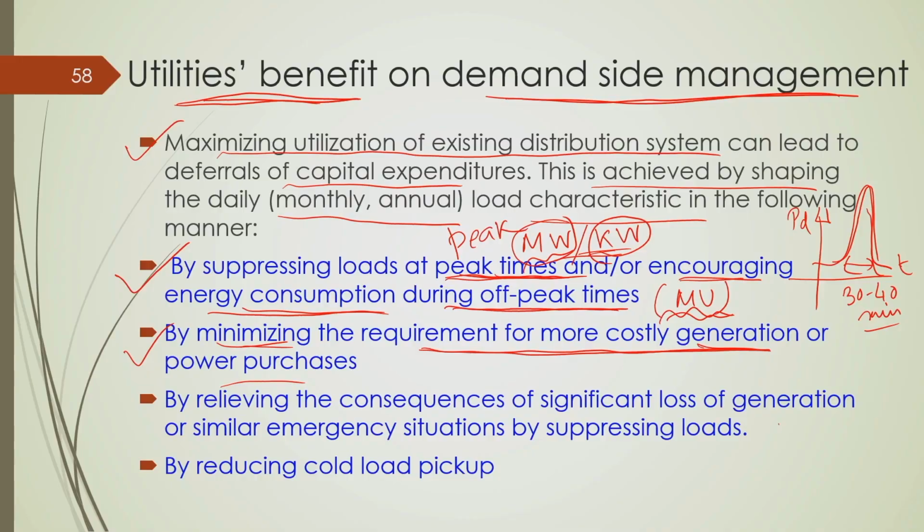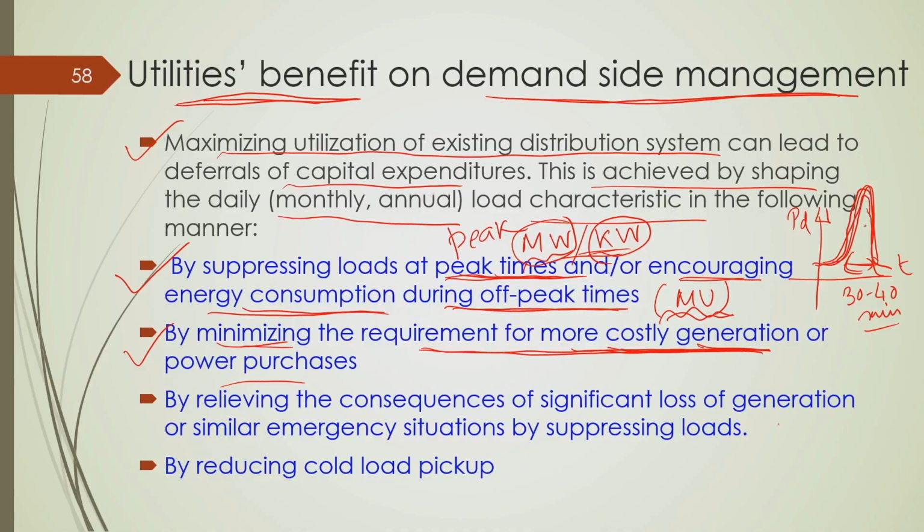So, in order to schedule generation such that it can match this load demand, an electric utility often uses costly generation options. One of the costly generating options, for our country India, is the diesel generator, because diesel is a costly item and its generation price is much higher, but there is an advantage that it is a quick starter.